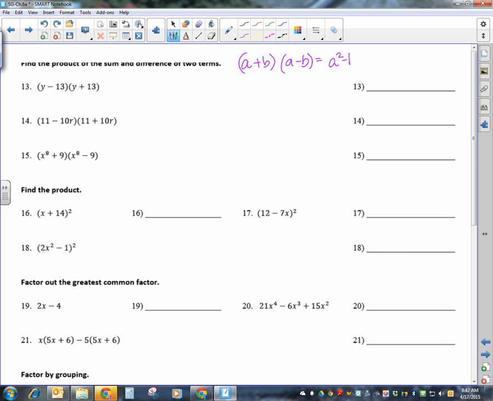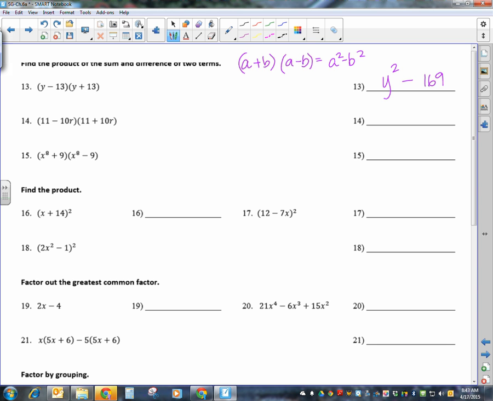So this is a squared minus b squared. So when you do that, what I've told you to do is you square the first term, y squared. It's always subtraction, and then you square the last term. So I am fine if you have no other work other than that.